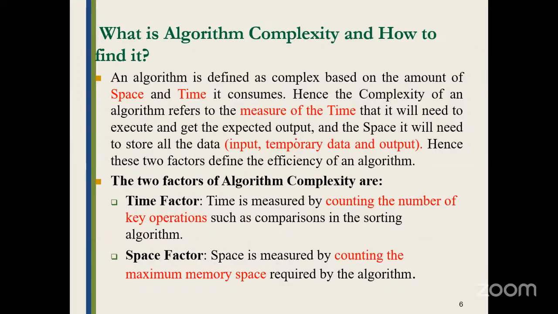How much memory is required at maximum? How much memory is maximally utilized by your algorithm is called the space factor, or you can say space complexity. And the number of operations involved is related to the time factor.